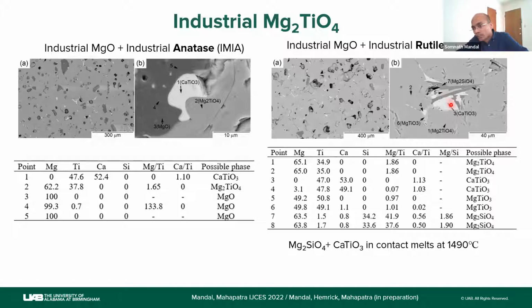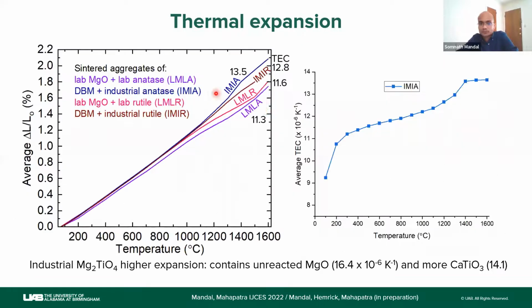This is really bad, because magnesium silicate and calcium titanate in contact melt at 1490 degrees C, which is an extremely low temperature. So rutile-based magnesium titanate is not useful as a refractory material, but anatase-based material is perfect.